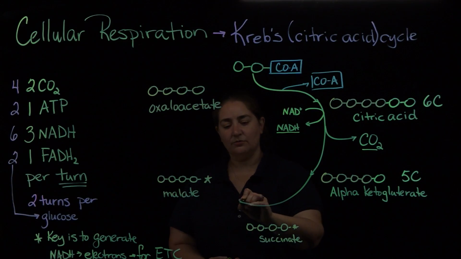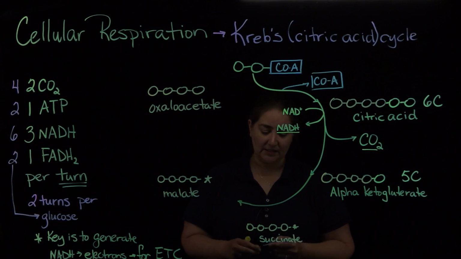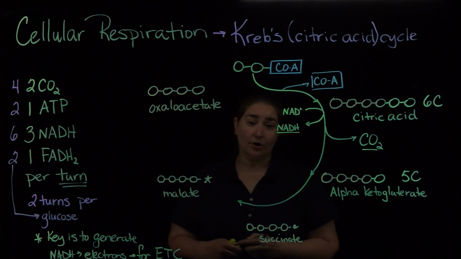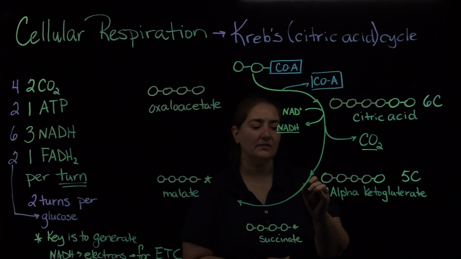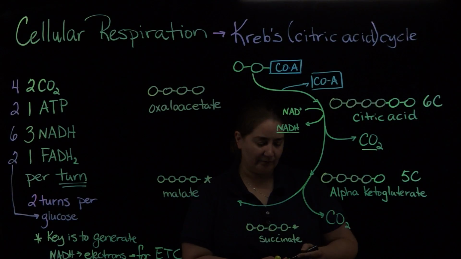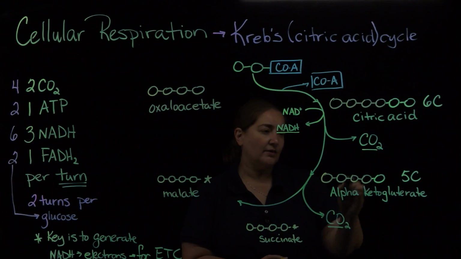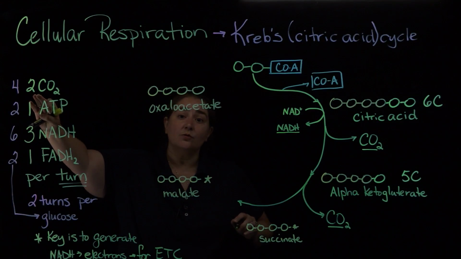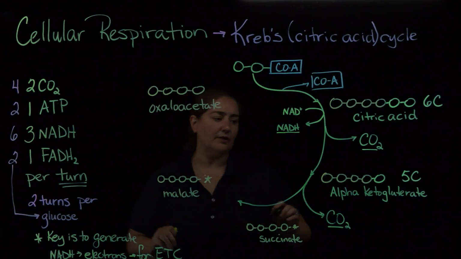Then we're going to proceed in our citric acid cycle. We're going to lop off that other carbon. So that's going to give us another CO2 molecule, all right? So with that, 1, 2, this is our 2 carbon dioxides, okay?